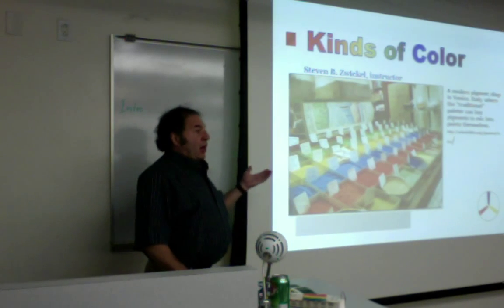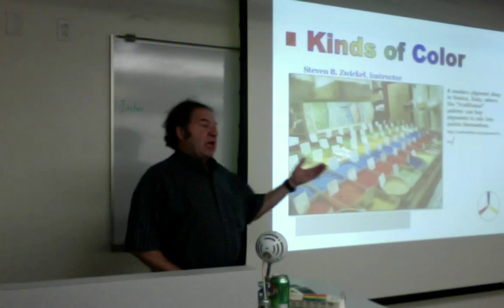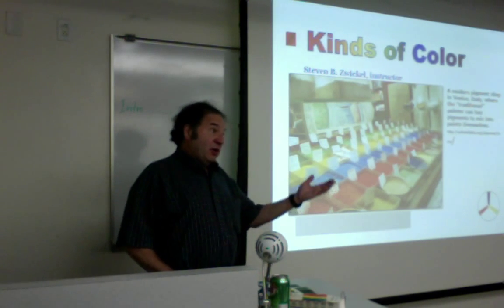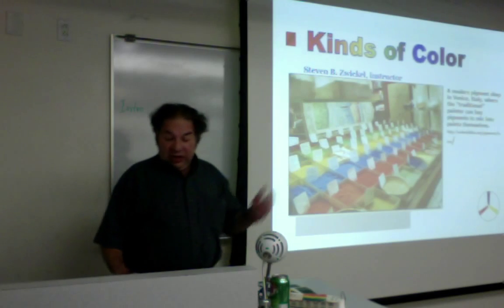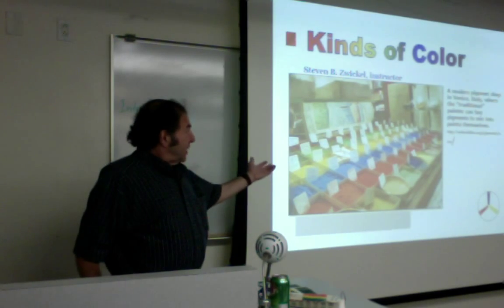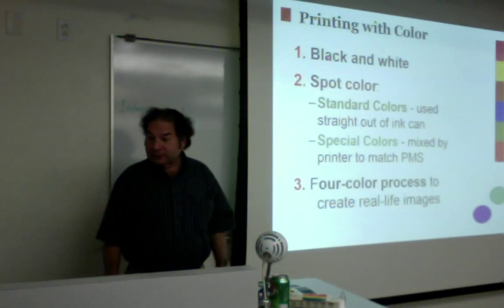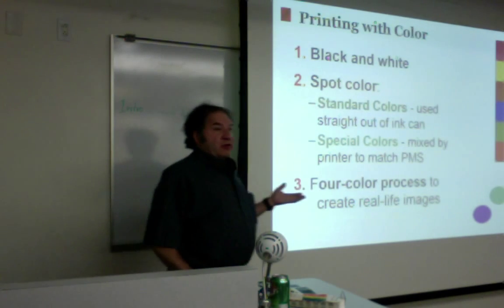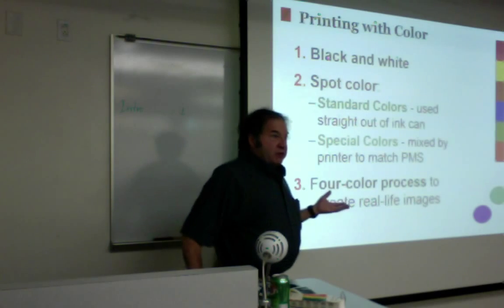We look at iron and we see gray, black, but iron rusts. And that rust color can actually be used for coloring things. And this is an example of a place where you can mix your own colors. So in printing, we talk about first black and white, which is the simplest, cheapest, easiest way to do things.